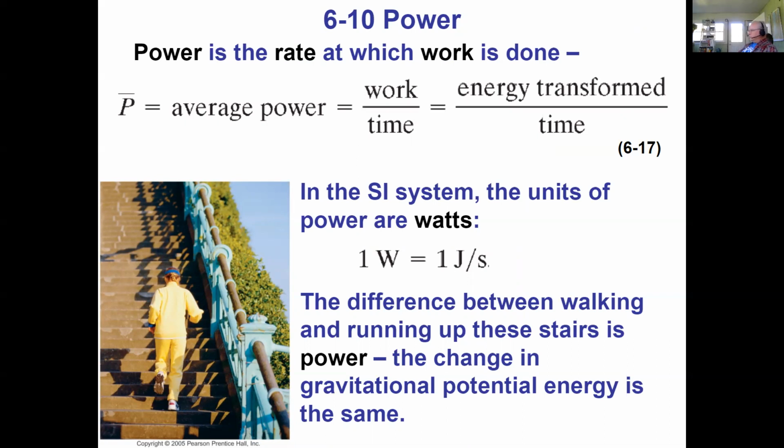So the engine does work in accelerating the vehicle, and it takes the vehicle up to some speed, for instance, 60 miles an hour. And then that increase in kinetic energy divided by the time is a reflection of the power output. The SI units for power are joules per second.